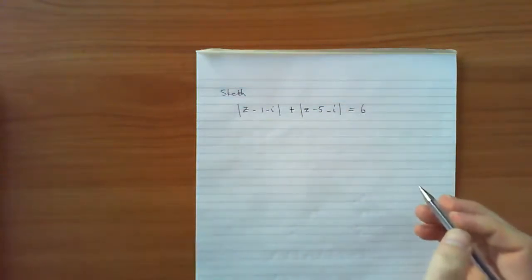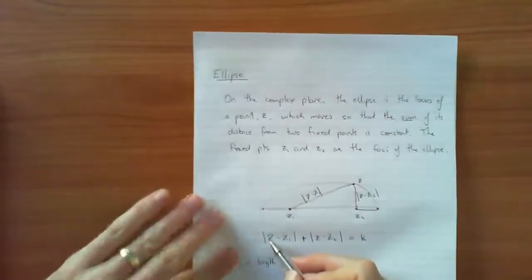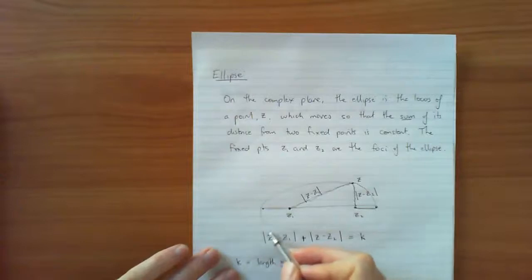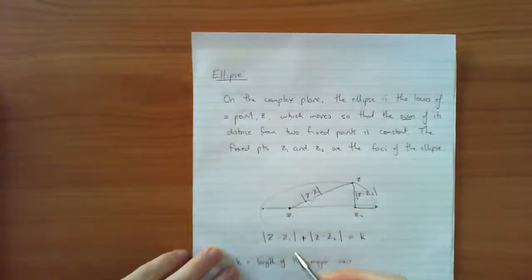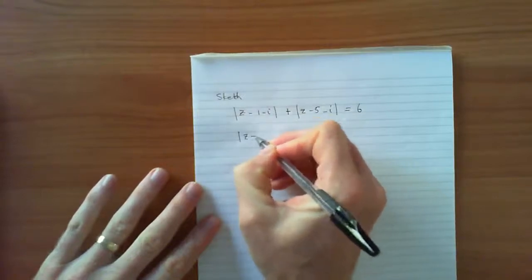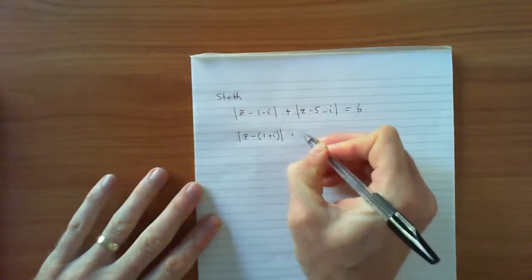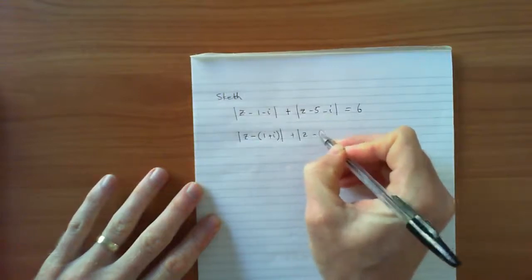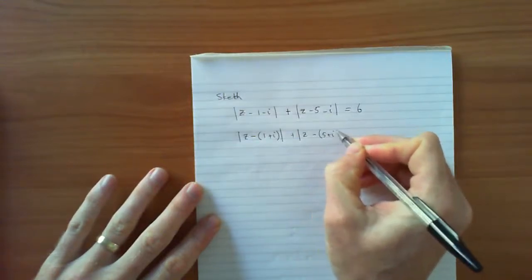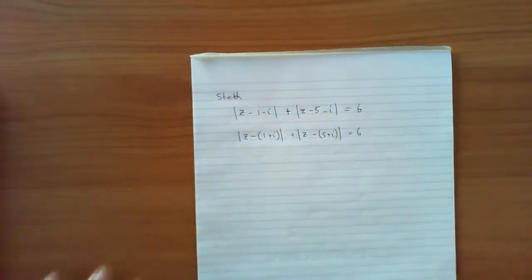Now remember that the standard form is, as always, z minus z1, because the distance between two points is found by subtracting them. So to put it in standard form here, we'll have the magnitude of z minus 1 plus i, plus the magnitude of z minus 5 plus i, equals 6.